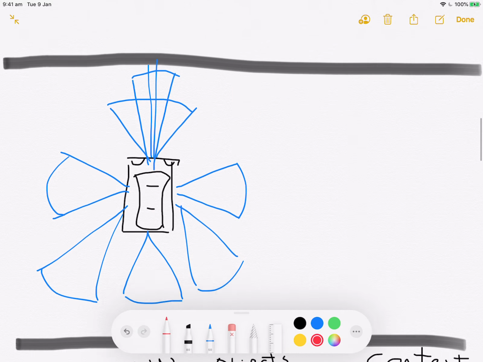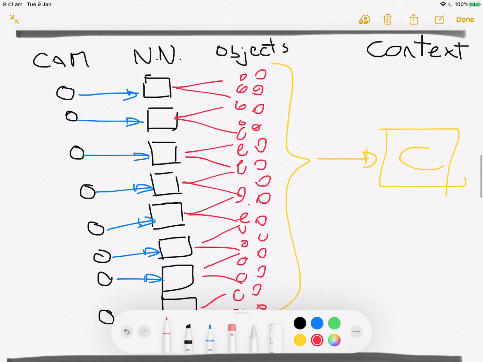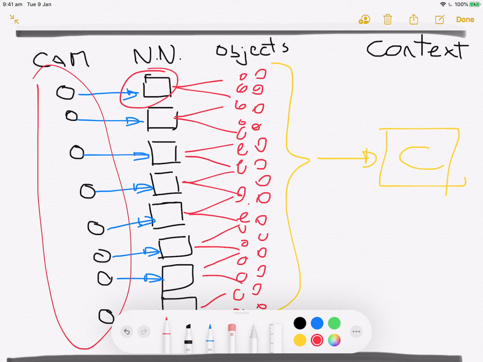So what happens now is we have all these 8 cameras looking at what's around us. I'm showing that here, these are the cameras, and each camera has a video stream, and that video stream gets analyzed by a neural network. And then that neural network recognizes objects that are in that camera.